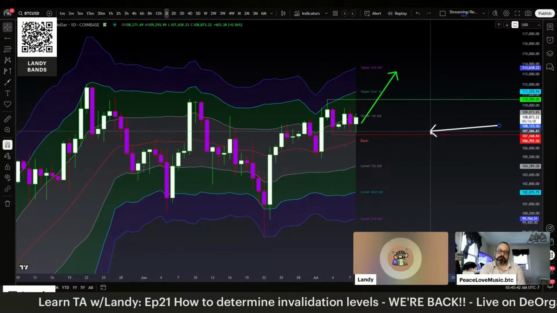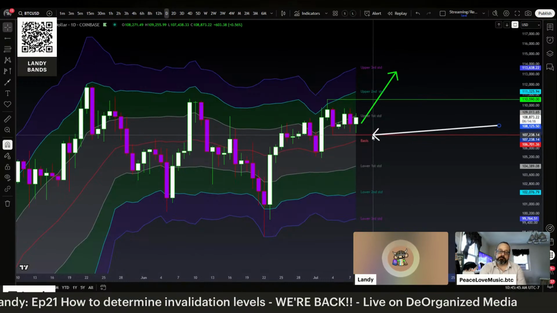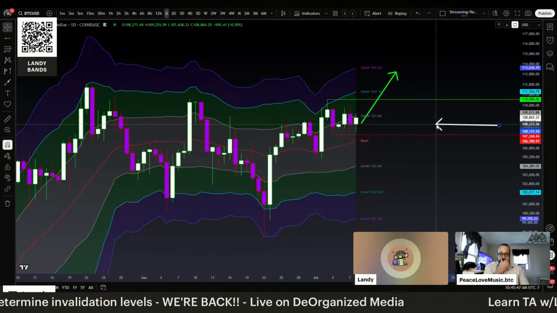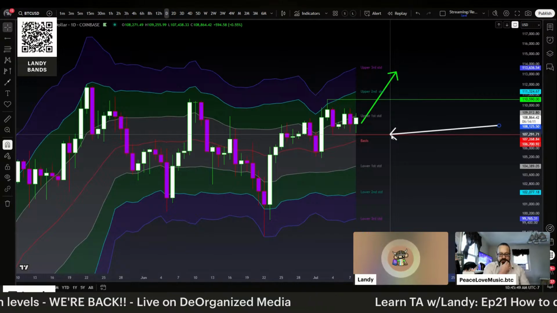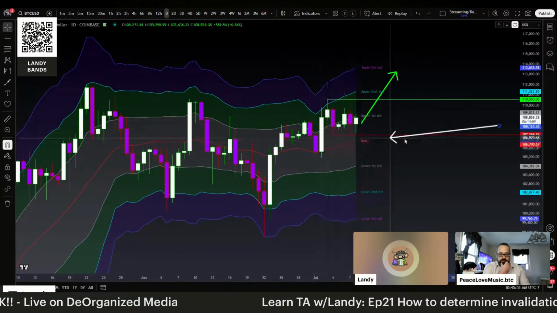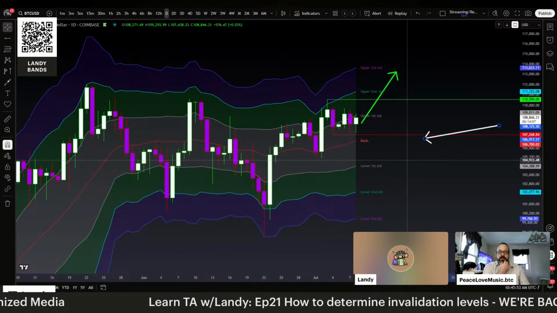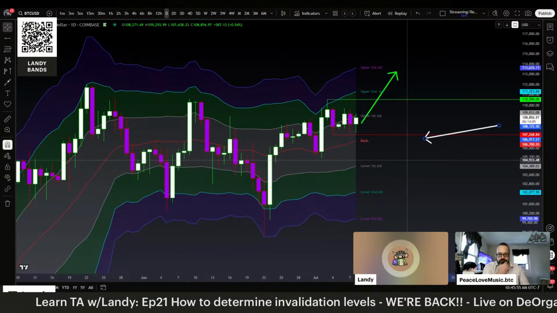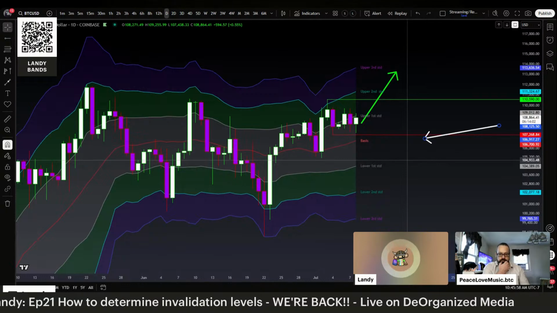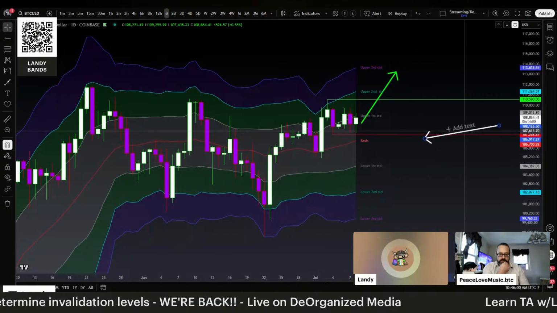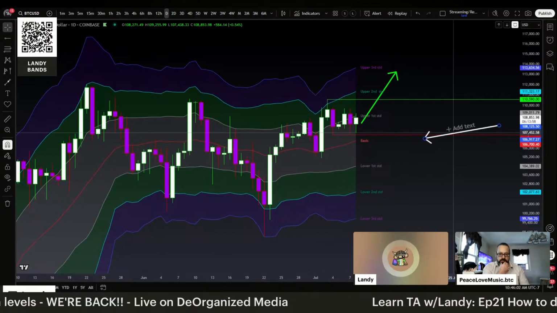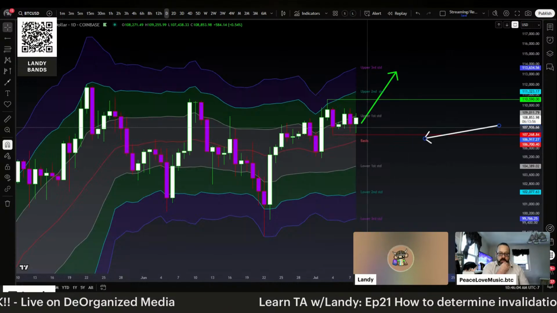But if you were long and it takes out the higher low, then that's the invalidation point for the trend, and likely your thesis if this is where you were longing. So that's where you then have to reevaluate and adjust accordingly within the confines of whatever trading plan you've created. Does that make sense? Yes.